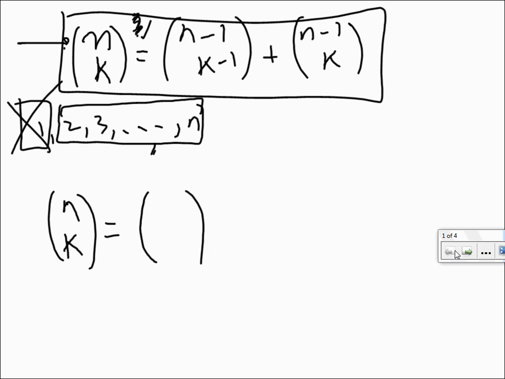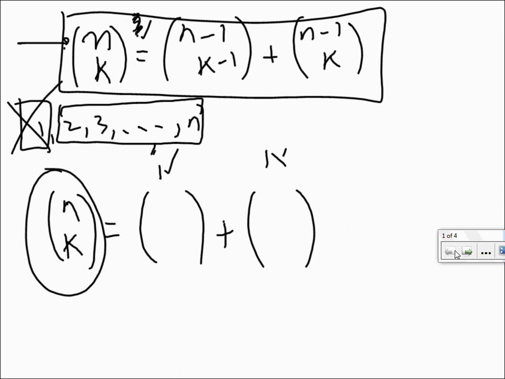But we're going to break up the number of ways of picking k objects from n into two different scenarios. One, where you do pick the number 1, and the rest where you don't pick 1. I hope you realize that these two are never counting the same. These are counting all the number of ways. Suppose there's 80 different ways of picking k objects from n.